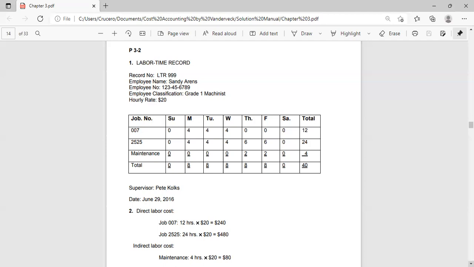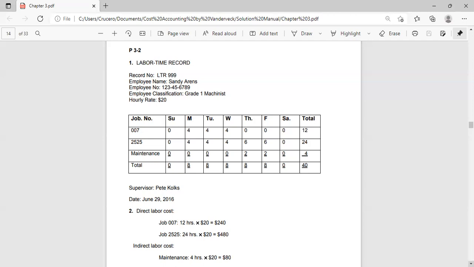And as stated, we now have 2 jobs to be considered, job 2525. And on Monday, June 24 through Wednesday, June 26, she worked 4 hours per day on each of jobs 7 and 2525. So we now get June, we have Monday through Wednesday.